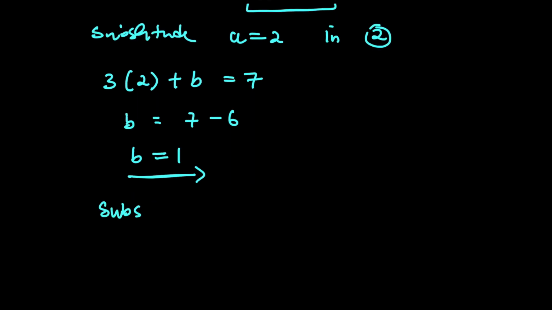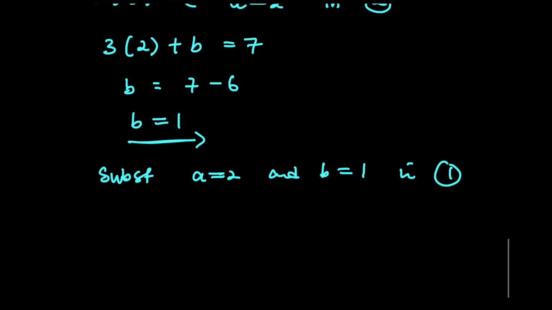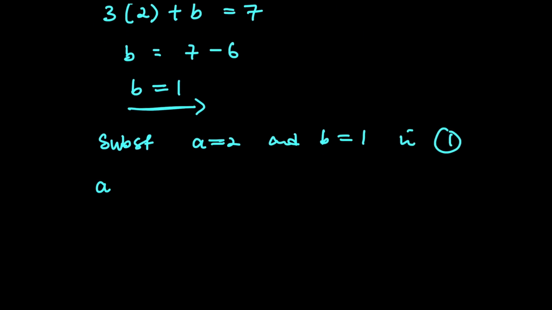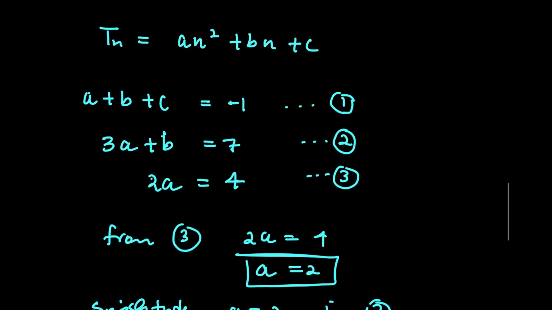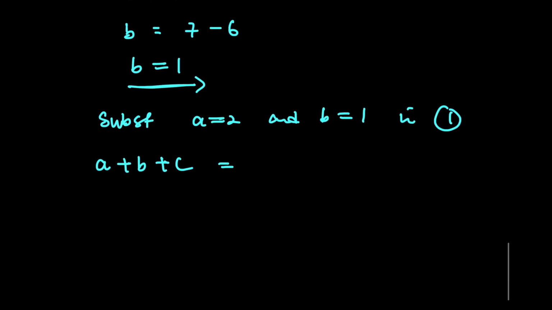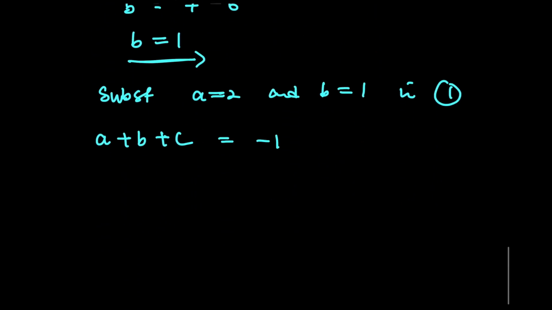So we're going to substitute a is equals to 2 and b is equals to 1 in equation 1, right? So equation 1 is a plus b plus c is equals to, what is it? Is equals to -1. So now our a is 2, yes.